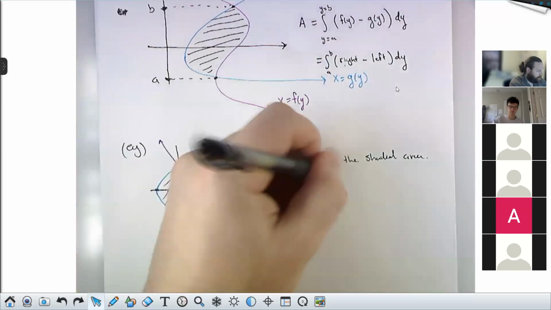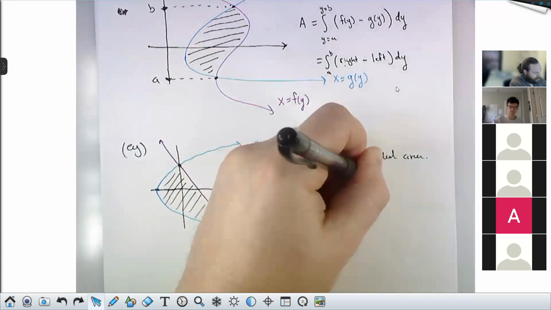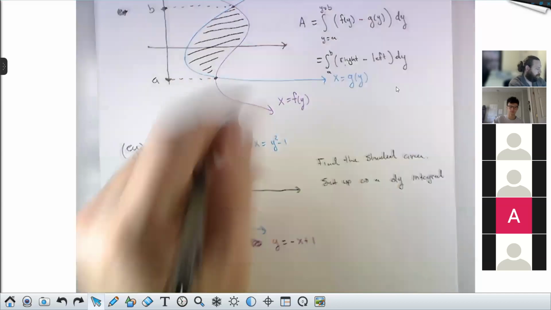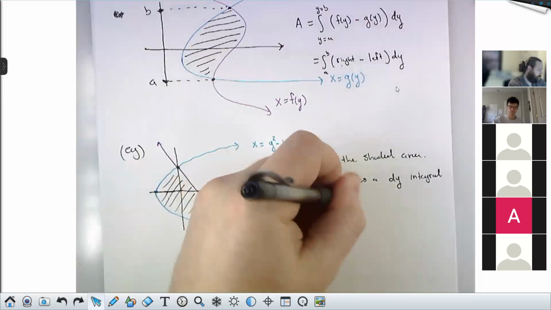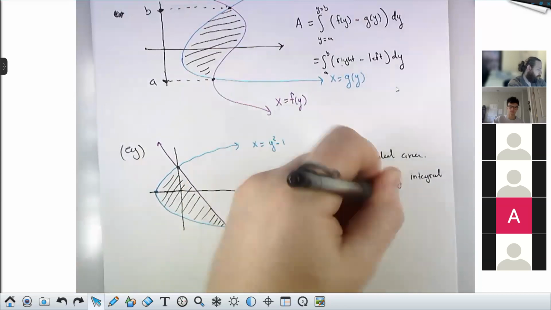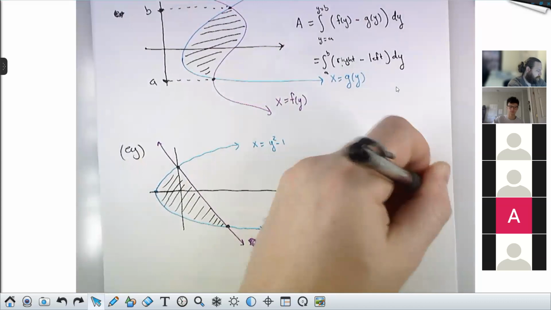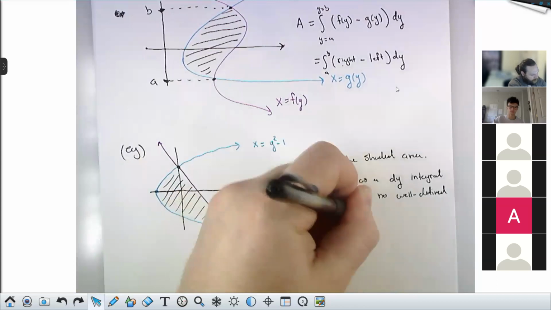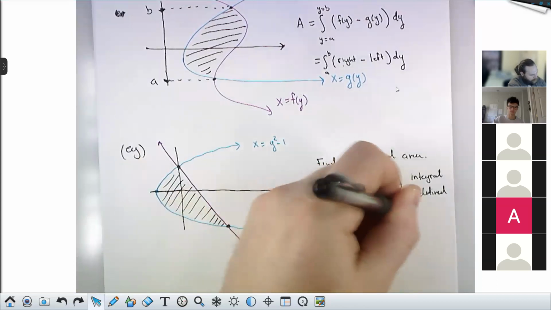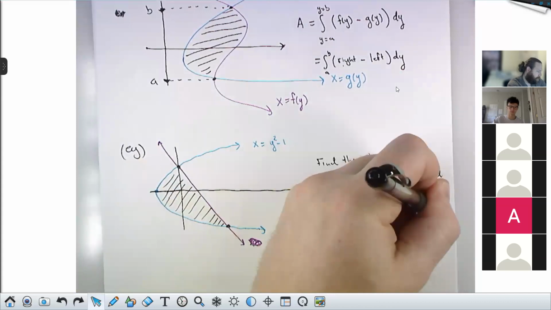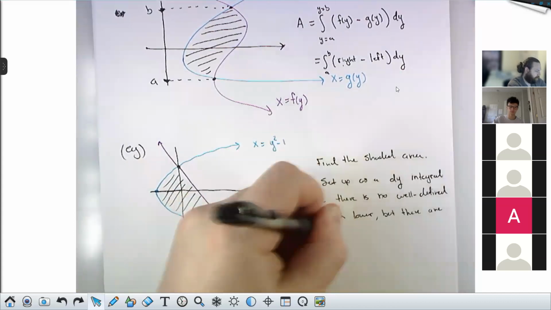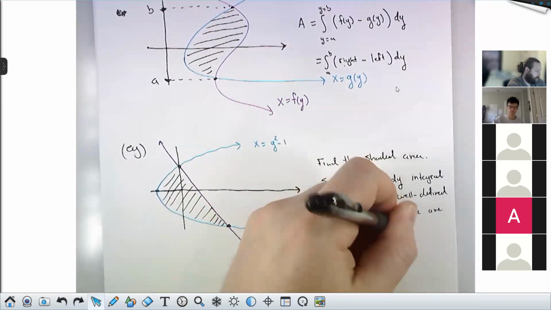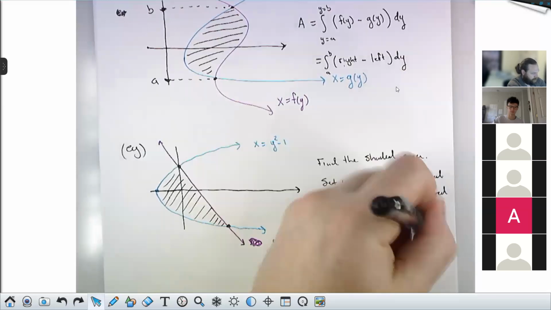So we're going to set this up as a dy integral because there is no well-defined upper and lower, but there are well-defined right and left functions.